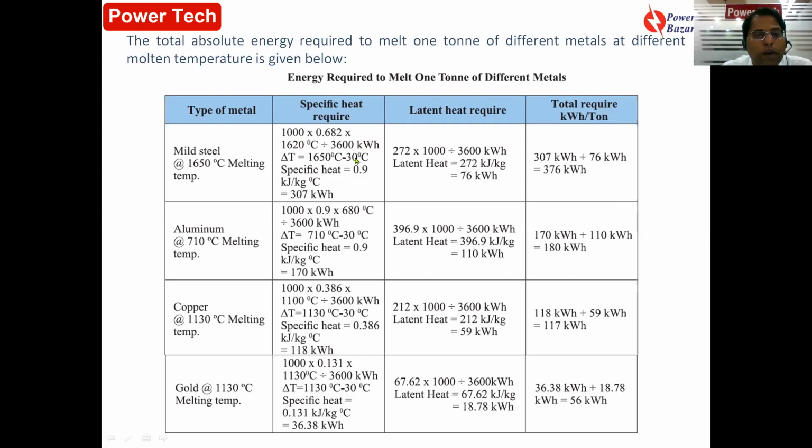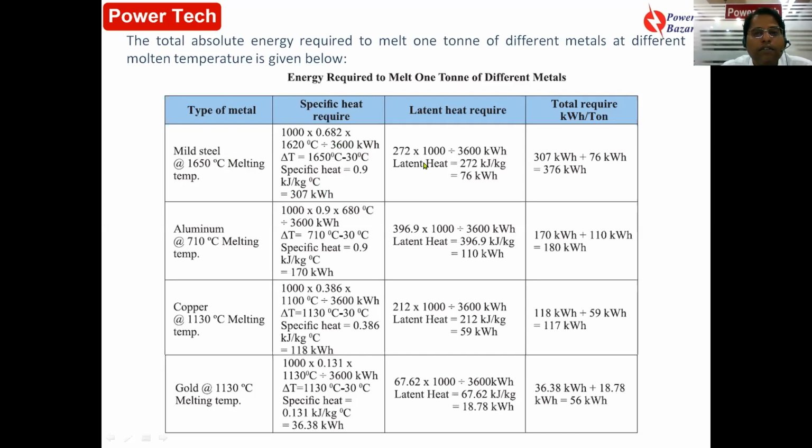We have assumed a room temperature of 30 degrees Celsius, that means the input temperature of the mild steel is 30 degrees Celsius. Therefore delta T becomes 1650 minus 30, so it becomes 1620. This is in kilojoule, and if I divide it by 3600, I get the unit in kWh. So I require 307 kWh of electricity to melt 1 ton of mild steel.